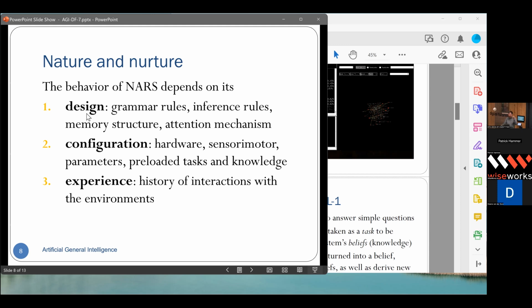This is not the system's own choice. This does not depend on the system's implementation and experience. That's something we built into it. And when we talk about learning, I mentioned this part cannot be changed by the system at all. And finally, this experience part is basically what we call nurture, just like humans. Most of the knowledge comes in that way.